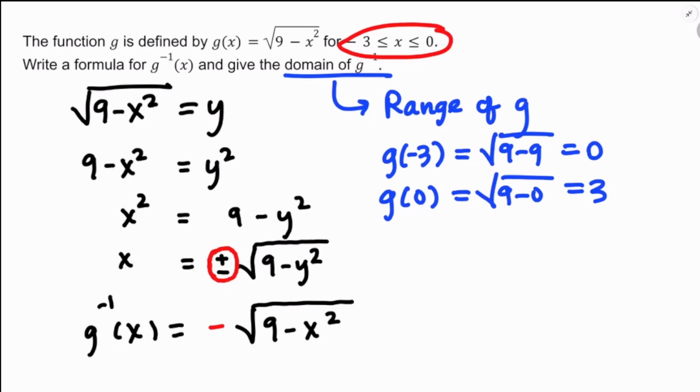So from 0 to 3 is the range of g, so that's the domain of g inverse: 0 less than or equal to x less than or equal to 3. If you think about it, that should make sense, because if x went bigger than 3, we'd be taking the square root of a negative number.